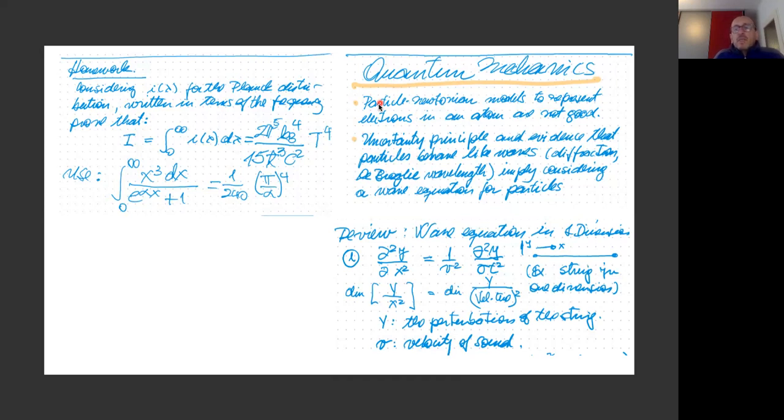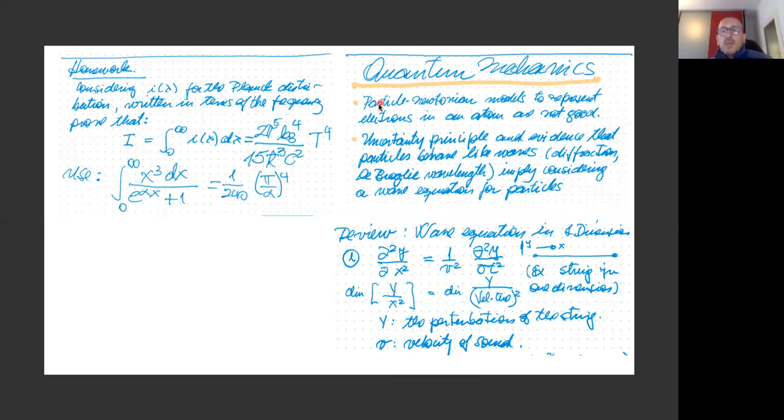So we need to come up with something similar in order to describe the microscopic world that occurs at the level of atoms, for electrons and atoms. The word that was coined for that is a new mechanics, quantum mechanics.